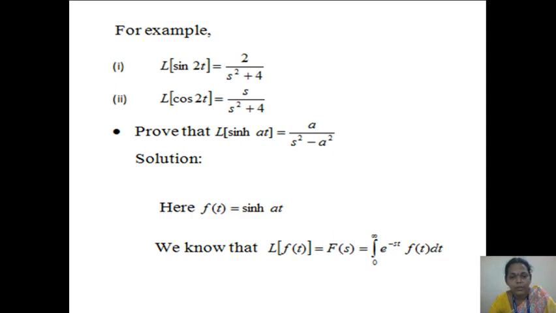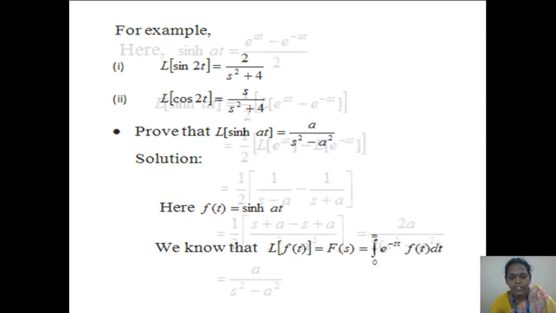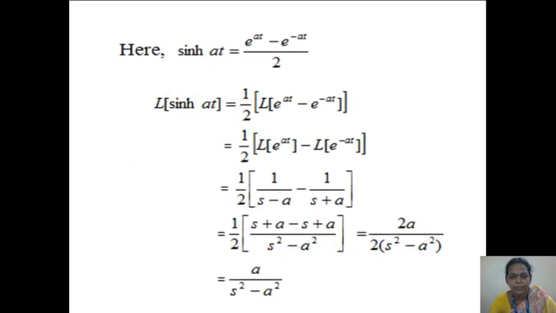Next, we can prove that L of sinh at equals a divided by s square minus a square. Here f of t value is sinh at. So substituting f of t equals sinh at in the definition of Laplace transformation, we get the integral from 0 to infinity of e power minus st into sinh at dt.